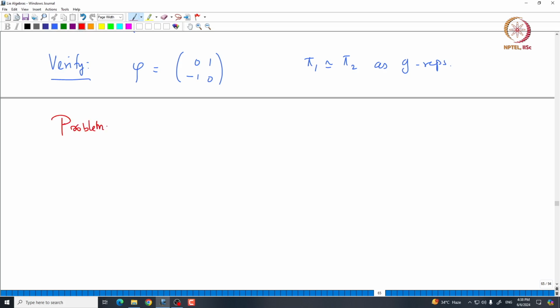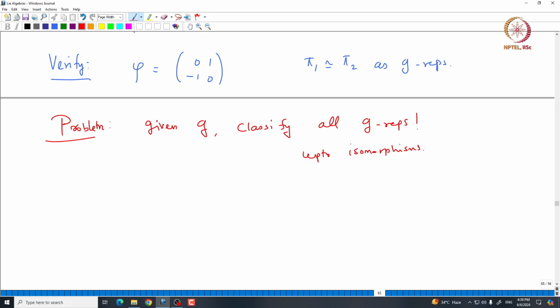So, the biggest problem is that given G, okay, classify all G representations, of course, up to isomorphism. Because isomorphic representations share everything in common. Okay. So, that is why we want to classify all G representations up to this isomorphism class.